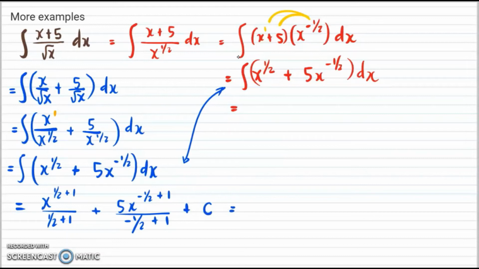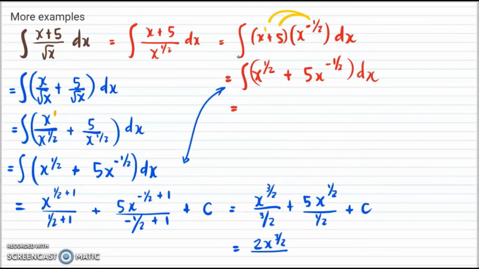Simplifying this further, we have x raised to 3/2 over 3/2 plus 5x raised to 1/2 over 1/2 plus c. And finally, we have 2x raised to 3/2 over 3, plus the 2 will be multiplied by the existing 5 there, so that's 10x raised to 1/2 plus c.